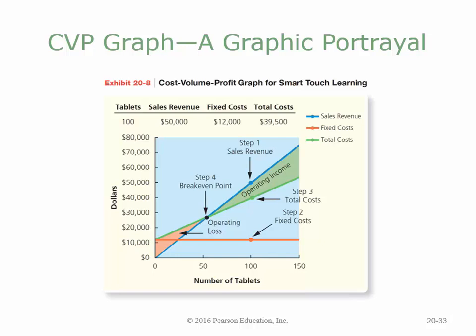All of this represents an operating income. The thinner your margins, the narrower this is. Okay? The fatter your margins, the wider that is. So we can look at it graphically. Again, this is just basic straight line math algebra. Okay?